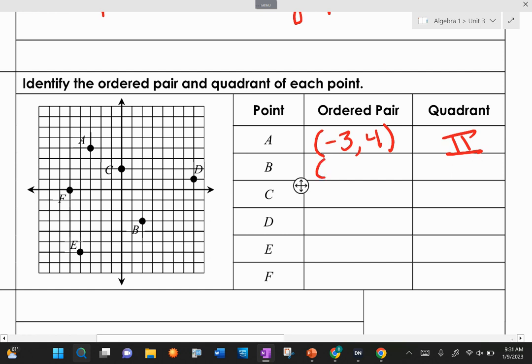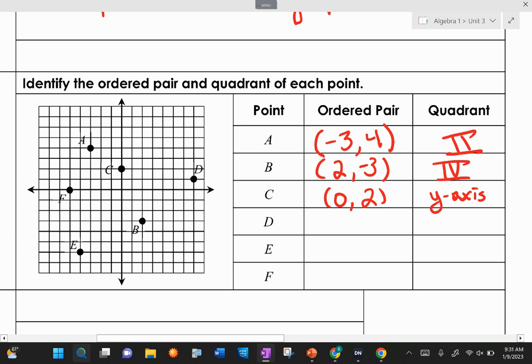For letter B, we've got to the right 2 and down 3, located in quadrant 4. For letter C, we have to the right or left 0 and up 2. That would be on the y-axis.